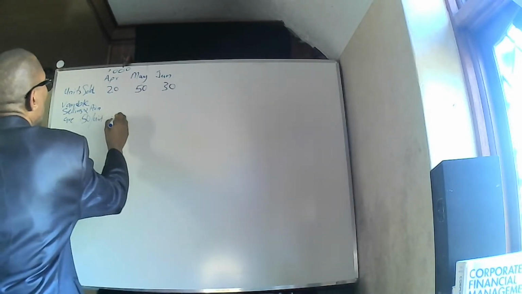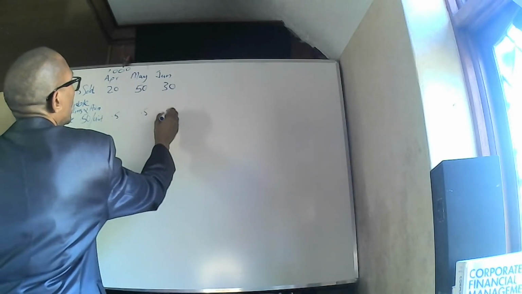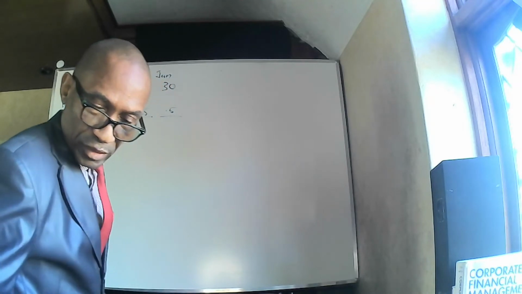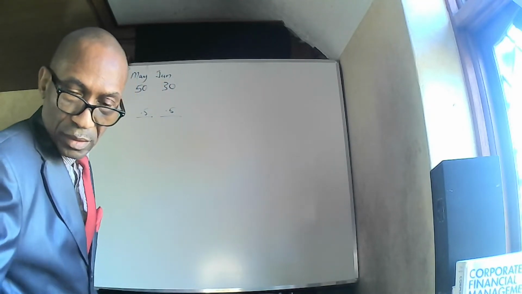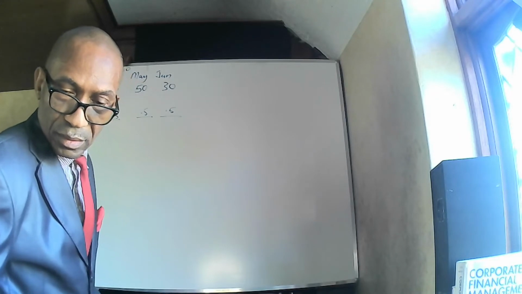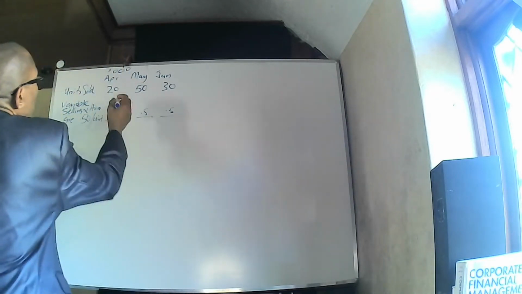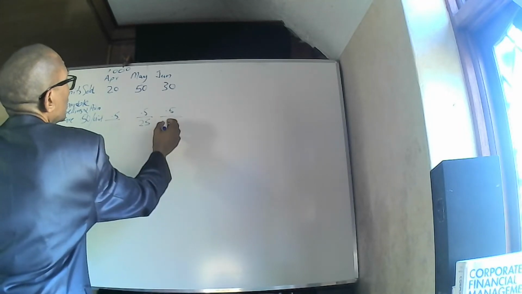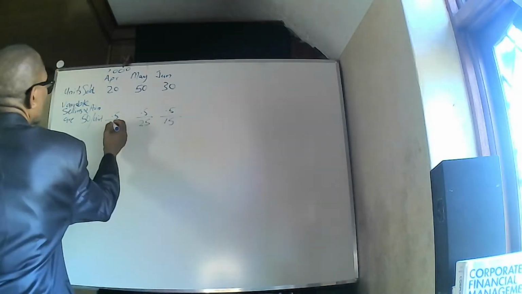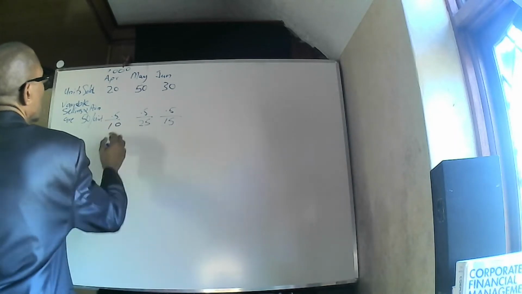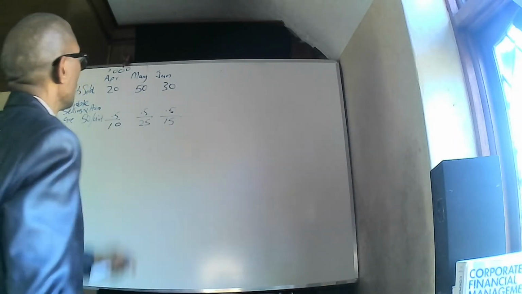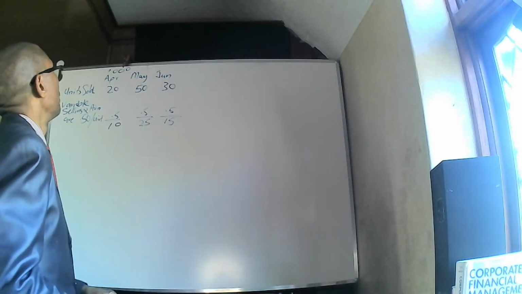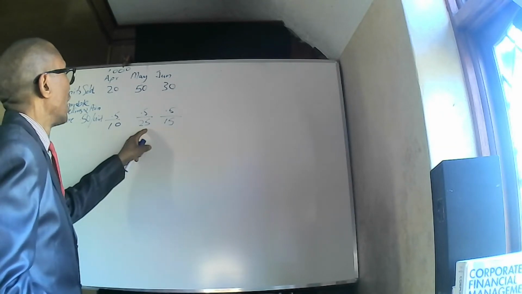So if it's 50p, 50p, 50p, that will just give us 10, 25, 15. So this is my variable selling and admin expenses in pounds: 10,000, 25,000, 15,000.